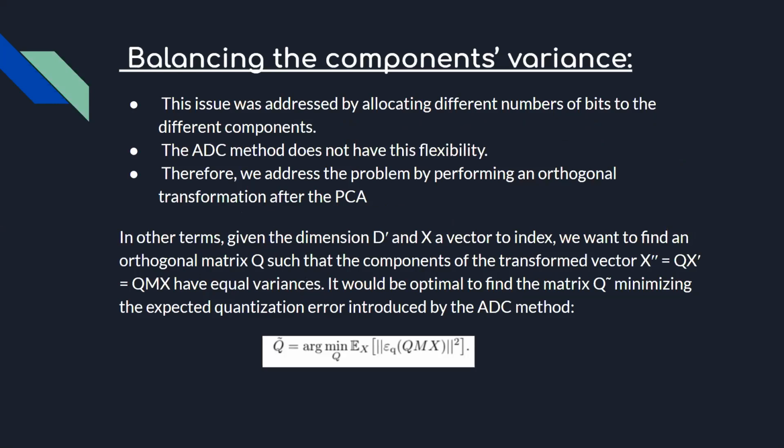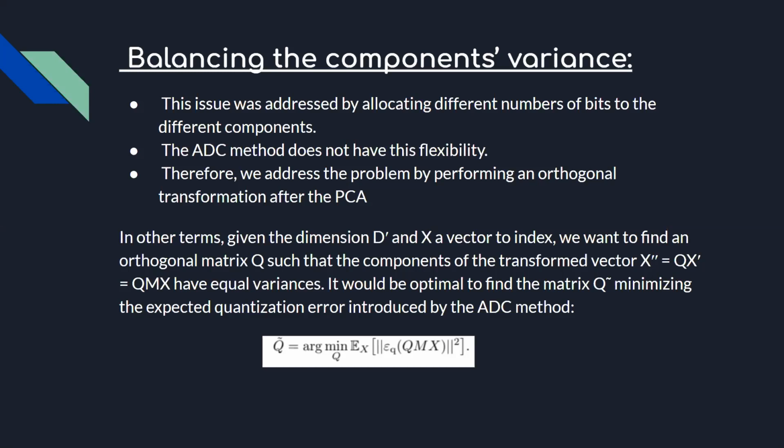So, balancing the components variance. This issue was addressed by allocating different numbers of bits to the different components. The ADC method does not have this flexibility. Therefore, we address the problem by performing an orthogonal transformation after the PCA. In other terms, given the dimension D dash and X a vector to index, we want to find an orthogonal matrix Q such that the components of the transformed vector have equal variances.